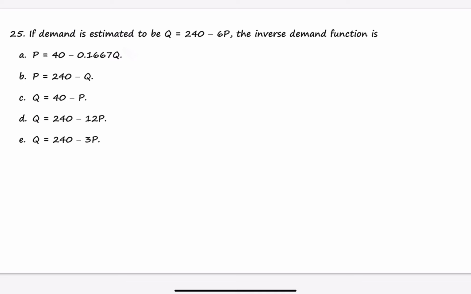If demand is estimated to be Q equals 240 minus 6P, the inverse demand function is, to find the inverse demand function, you take your demand and solve for P. So we have Q equals 240 minus 6P.